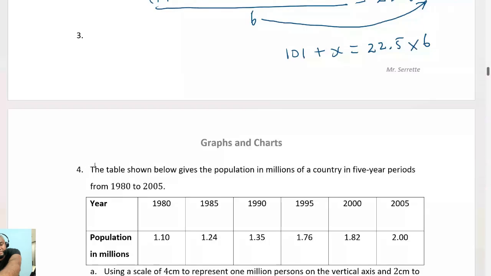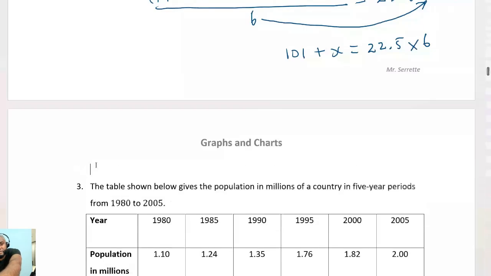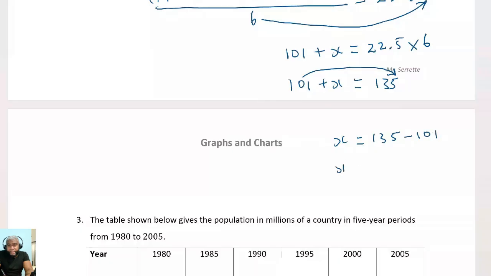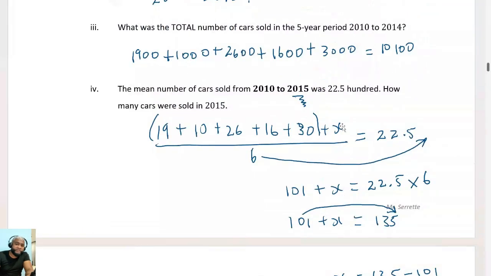How much do you get? So 101 plus x is equal to 135. What do I do with the 101 when I carry it here? This is algebra. Take away. So x is equal to 135 minus 101. x will be equal to 34.